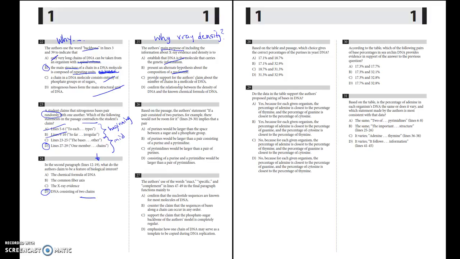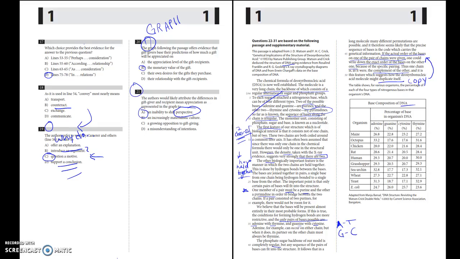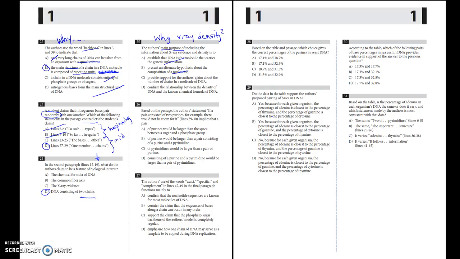They support the author's claim. That's what it's supposed to do about the number of chains. So is the part about X-ray evidence and density in the paragraph where they talk about two chains? X-ray and density is in this paragraph with the two chains. Bingo. That's our answer. C, providing support for the fact that there are two chains in the molecule.